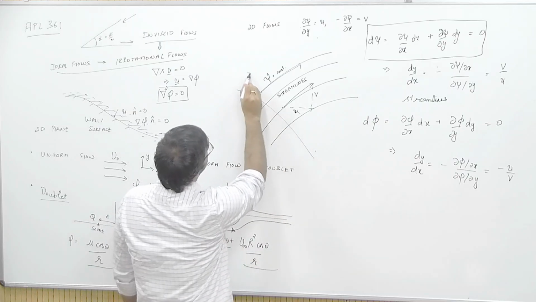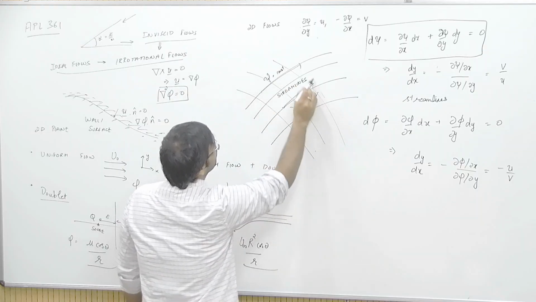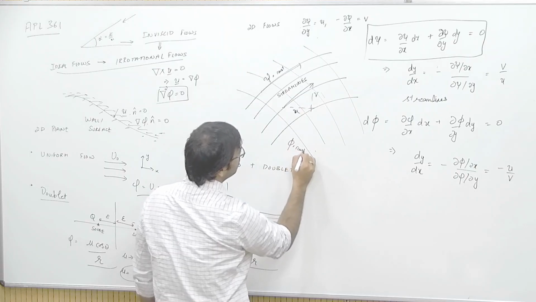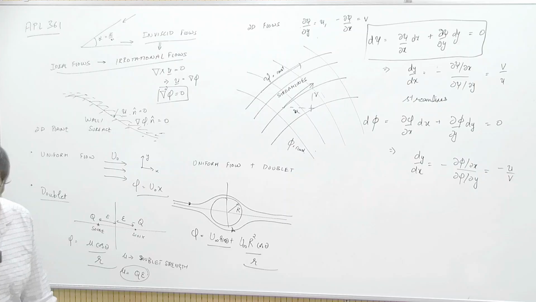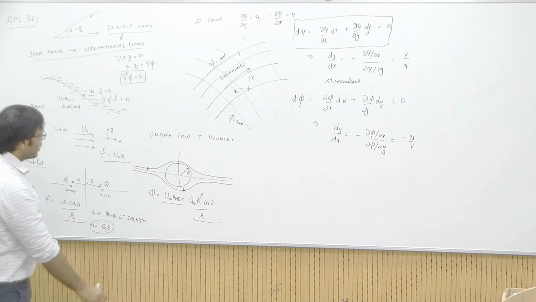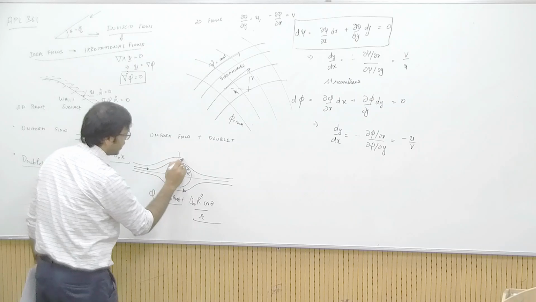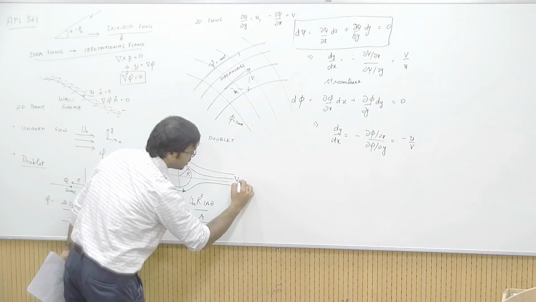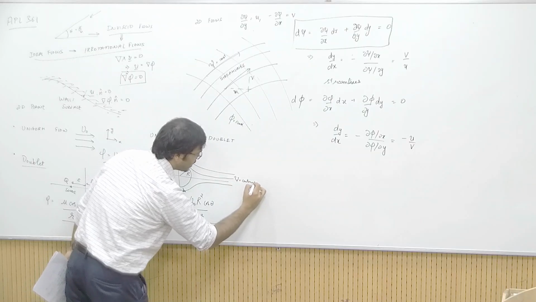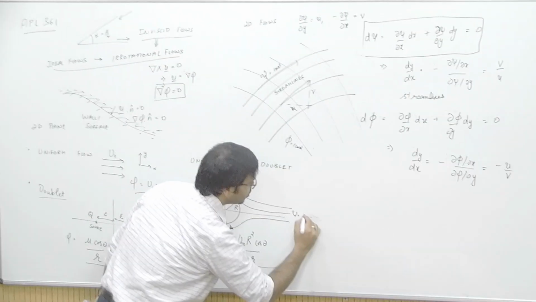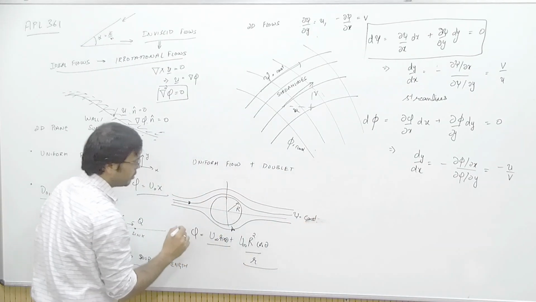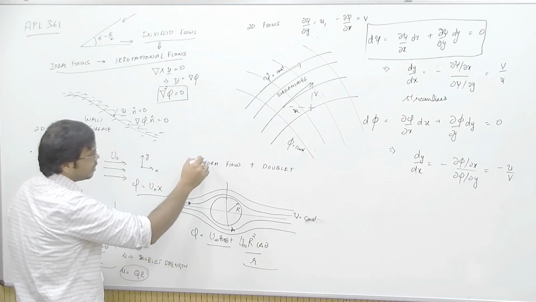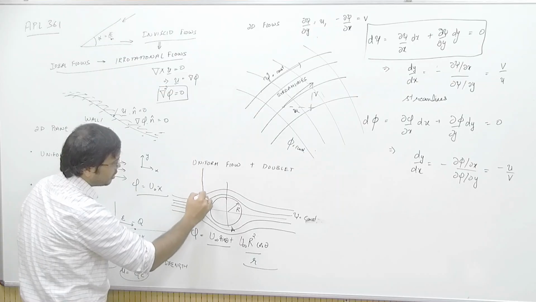So actually, in 2D flows, this is how phi equal constant contours will look. If these are the streamlines, these are psi equal to constant contours.